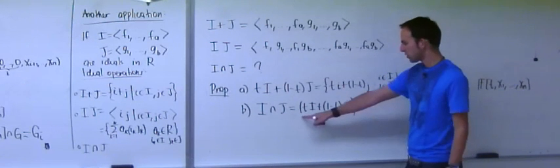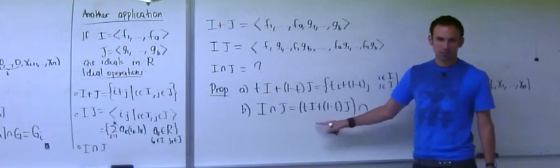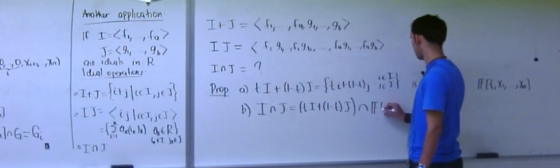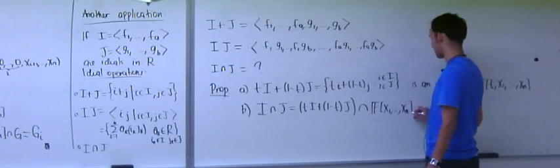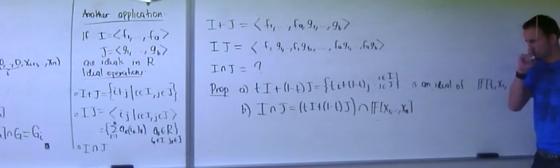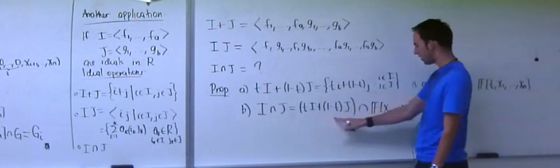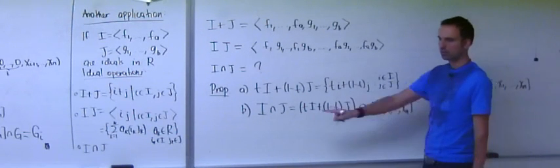So what I'm going to do is look at this ideal, and I'm going to consider the things in this ideal that don't involve t. And I claim that the polynomials here that don't involve the variable t are exactly the intersection of I and J.